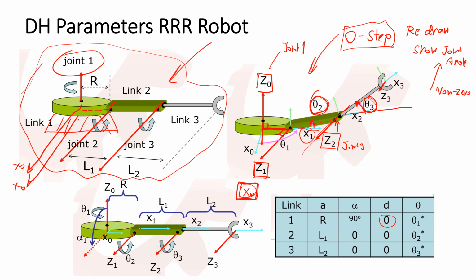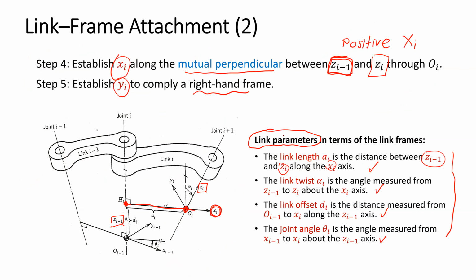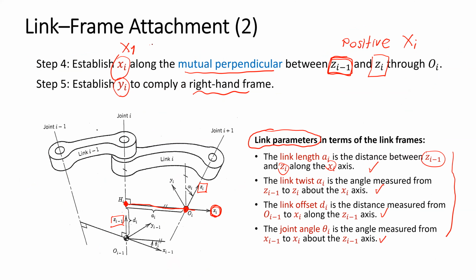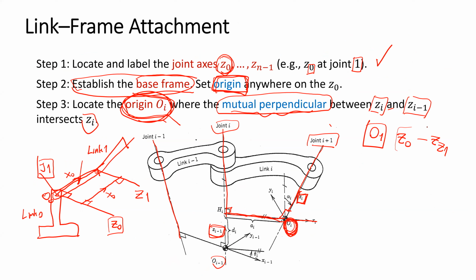So X1 should be the mutual perpendicular between Z0 and Z1, and O1 should be on X1, at the point that it intersects with Z1.